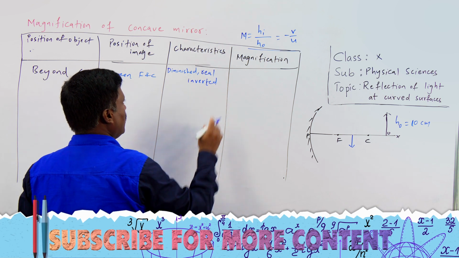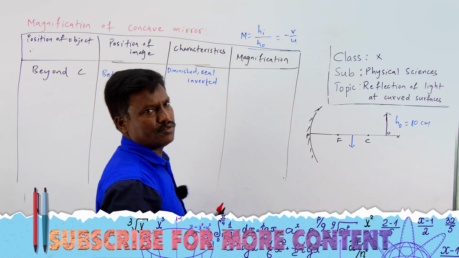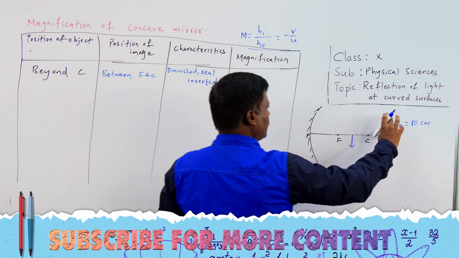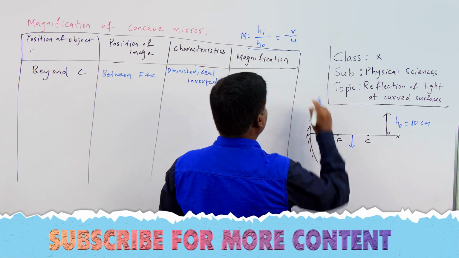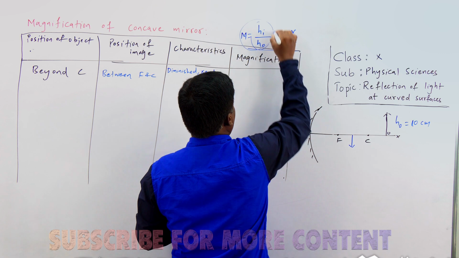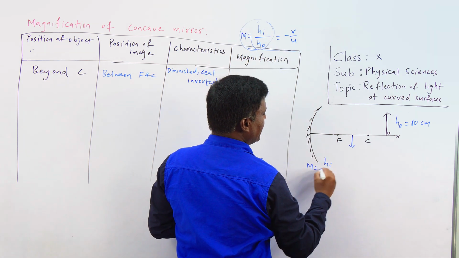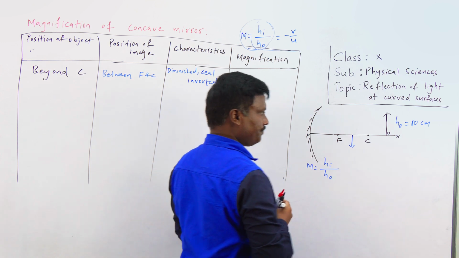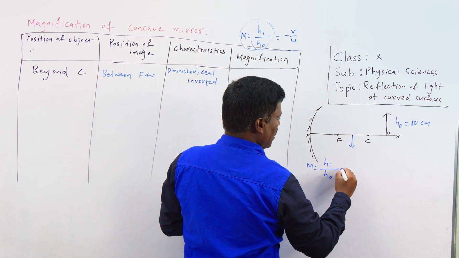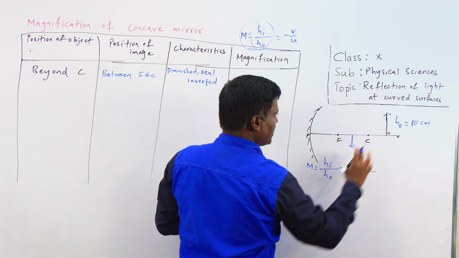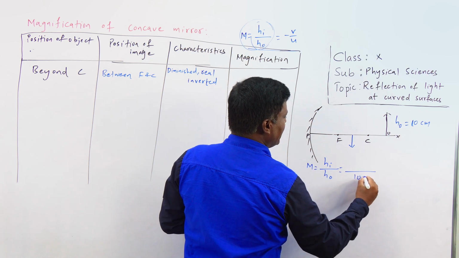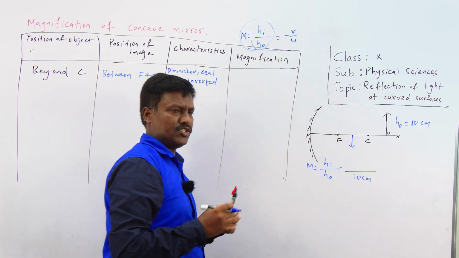Good. Now we are going to find the magnification value. Here we have the height of the object and the height of the image, so I am using this formula. Magnification is equal to height of the image over height of the object. Here the height of the object is 10 centimeters. It is fixed, there is no change.